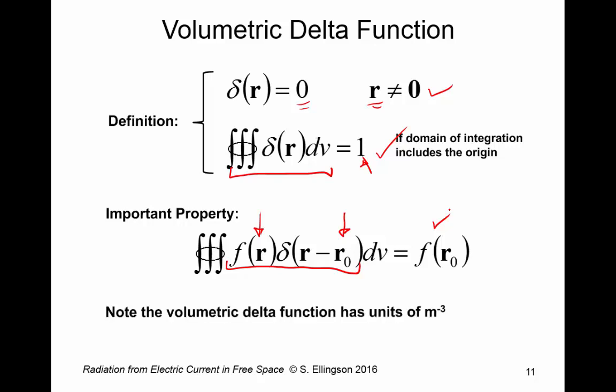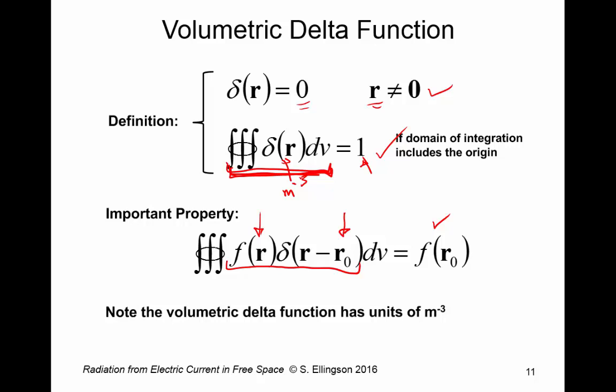Now, one more thing, and this really addresses the reason why I say there are different delta functions. If you decide that this is the definition of the delta function, as I have done here, then you realize that the delta function itself must have units of inverse volume. In other words, it has units of inverse meters cubed.